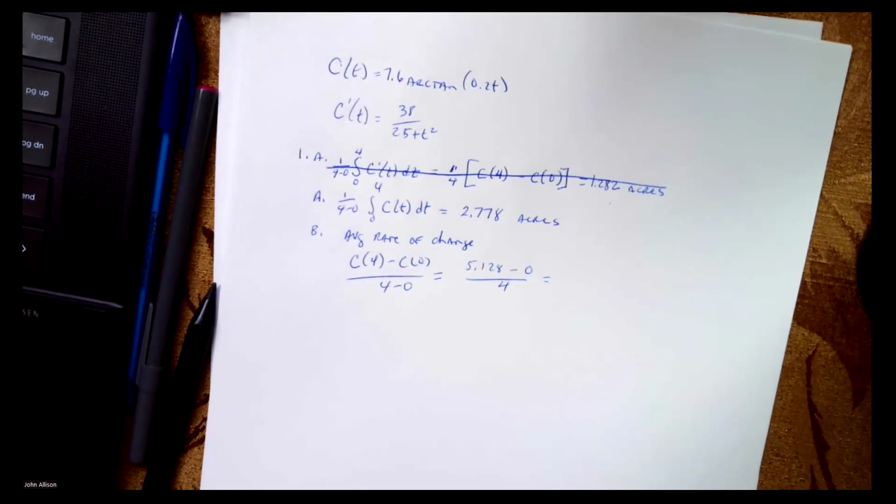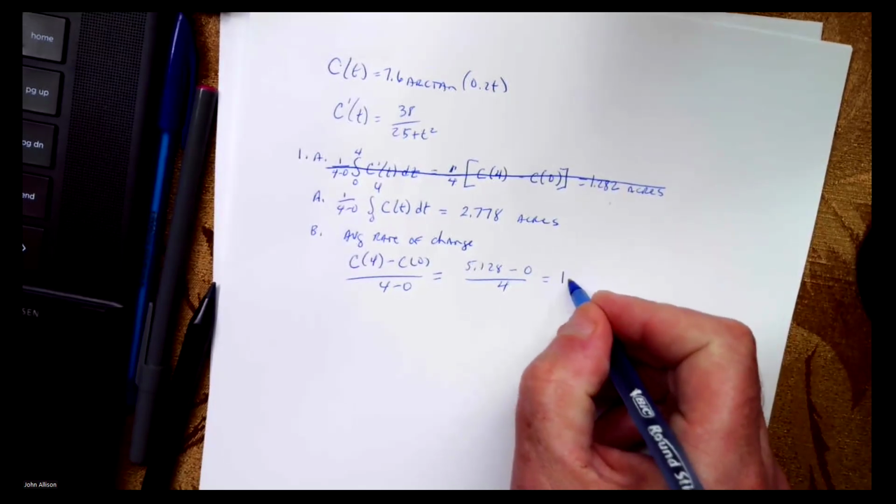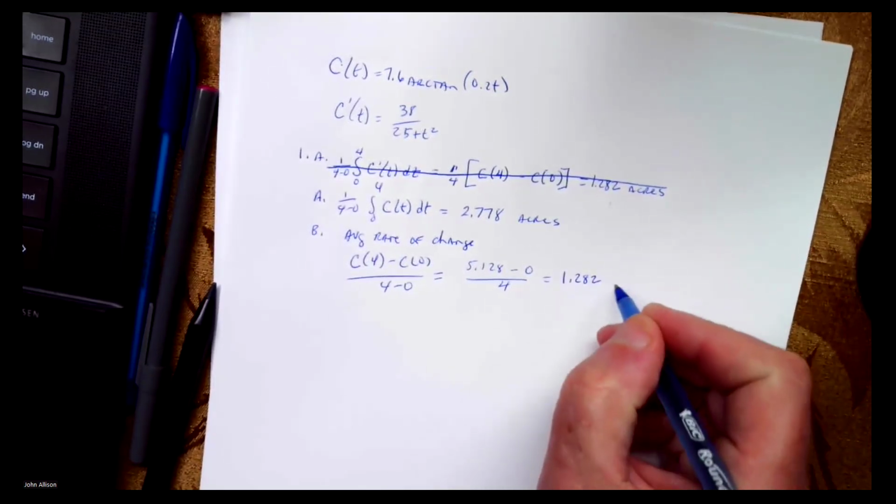That's not good. In the calculator, y bars, y1 of 4. Then divide by 4. And that's my 1.282. That is what I found a minute ago. That makes sense.